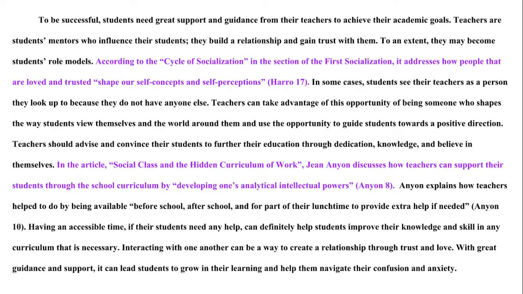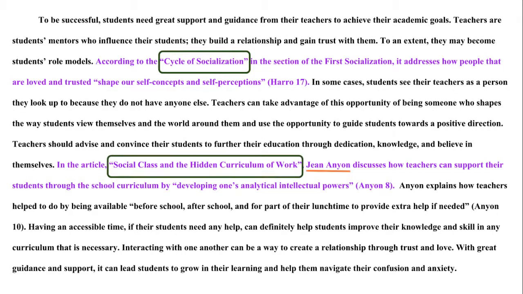Examples from two different sources have been integrated into this paragraph to support the writer's assertion. The first piece of evidence that is used is from the reading Cycle of Socialization, and the second is from Jean Anyon's Social Class and the Hidden Curriculum of Work.